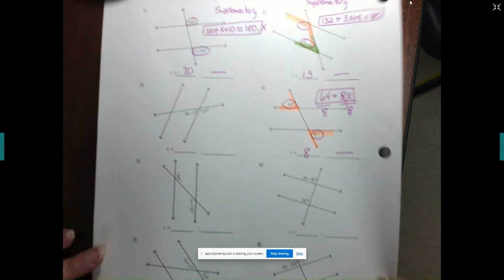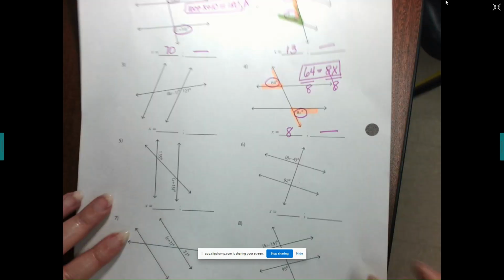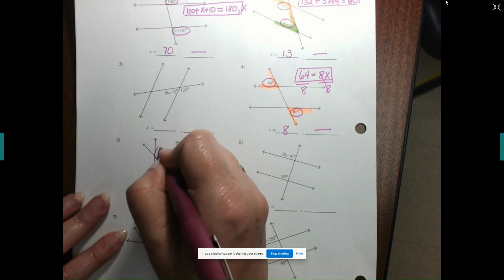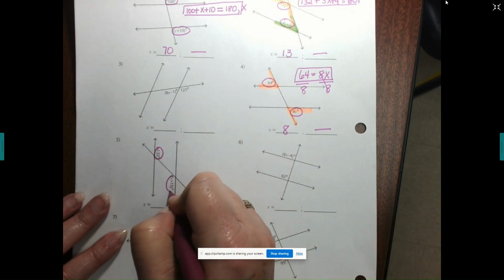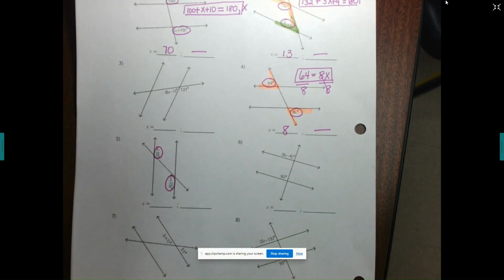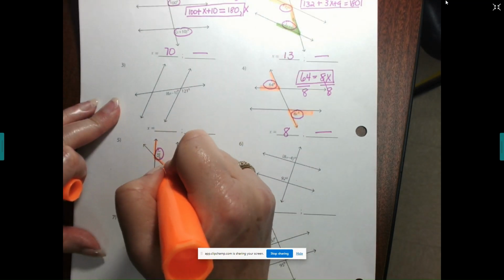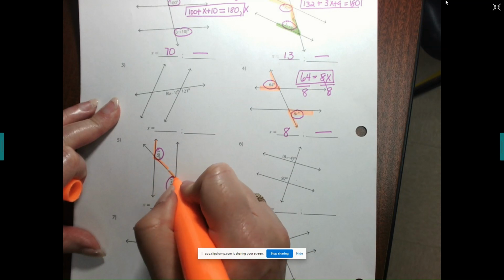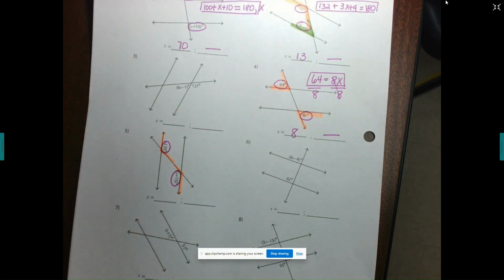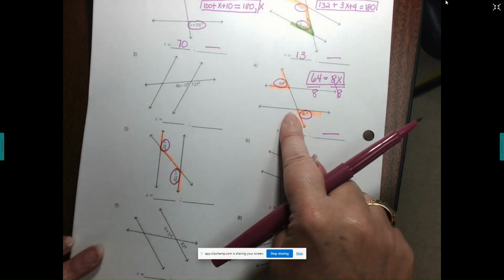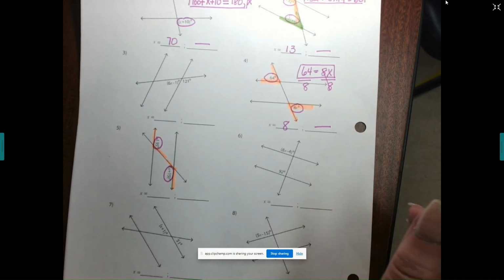And then the other one we did in class was number 5. I'm looking at this 135-degree angle and this one that says x plus 15. When I look at those, I see two obtuse angles. And I know that in this diagram, if both of the angles are obtuse, like this, or both of them are acute, like this, I know that they're equal.